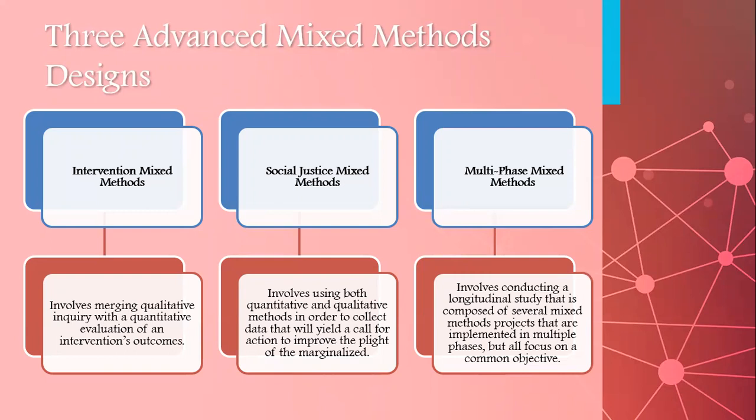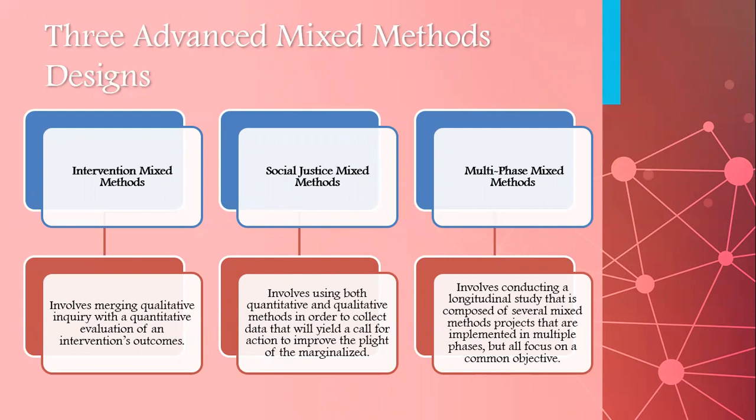The social justice mixed methods approach involves, again, both the collection of quantitative and qualitative methods, but these data are collected both quantitatively and qualitatively in order to yield a call for action to improve the plight of the marginalized.